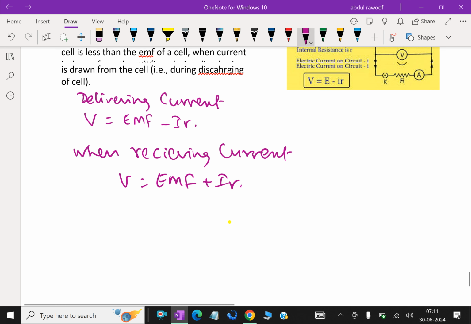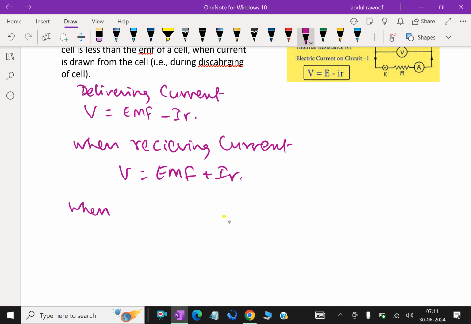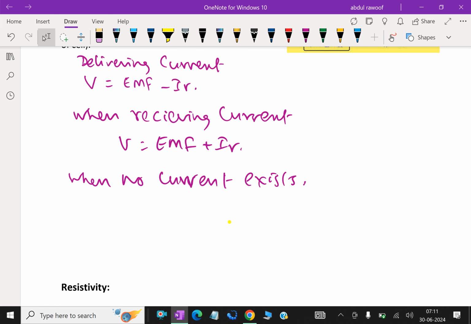When no current exists, there is no IR, so V equals EMF.